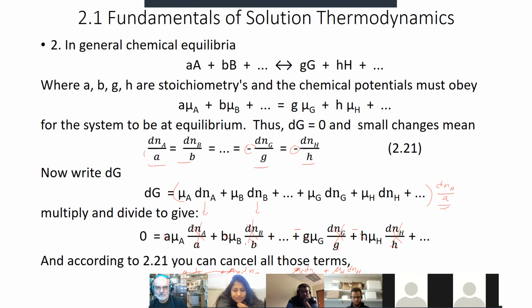I'm missing the whole point here. Yes, these are equal, so these can all be taken out and multiplied. I've kind of done this backwards. These can be all taken out, and that's what's left behind. That's how you get to where I just went.